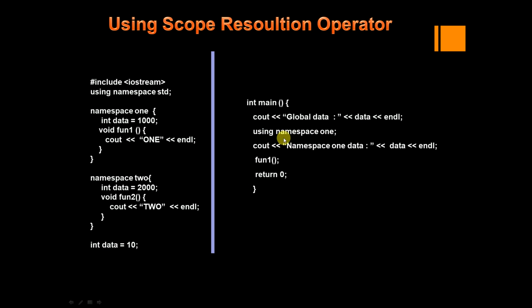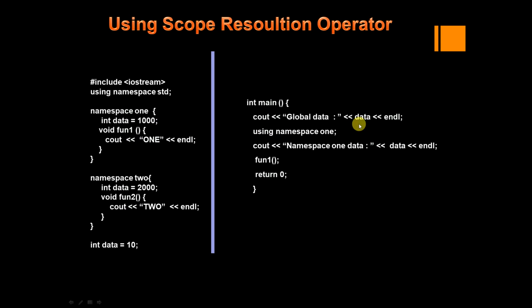After this line, I am writing using namespace 1. Here I am accessing namespace 1 using the directive method. After this line, the compiler has visibility of both the global data, that is the unnamed namespace content, and the namespace 1 content, that is int data equals 1000.